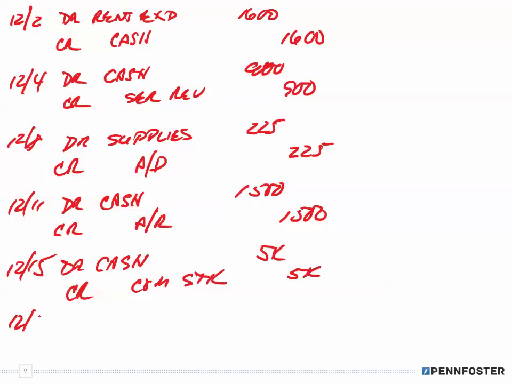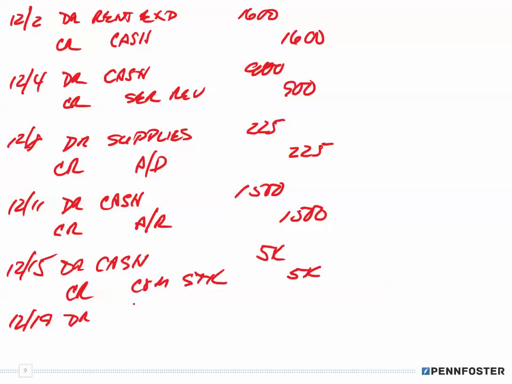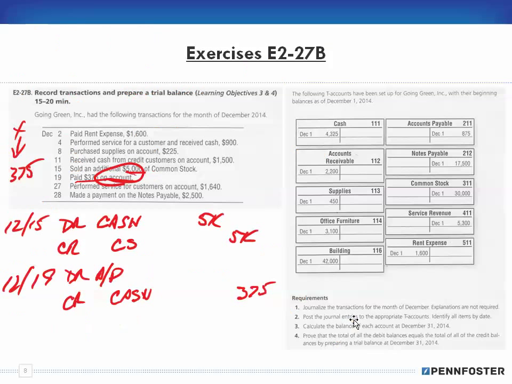And 12/19 was a debit to accounts payable and a credit to cash. Credit to cash for 375. All right. And 27 and 28.